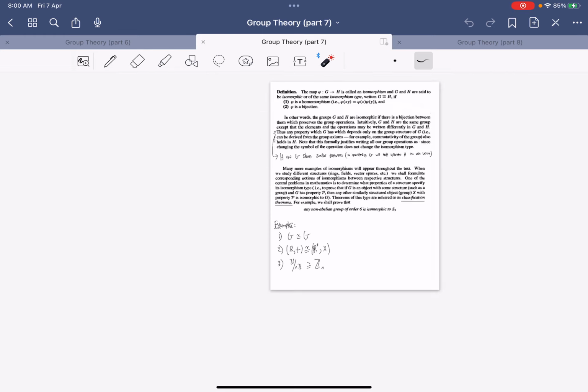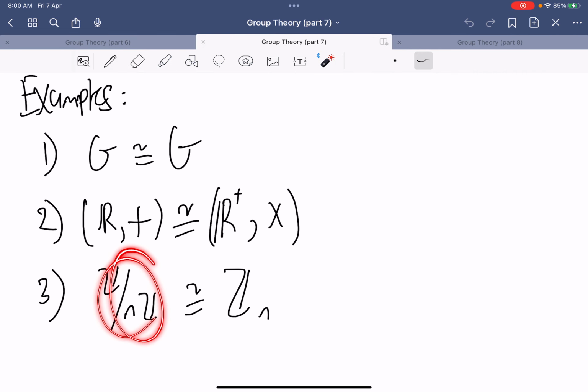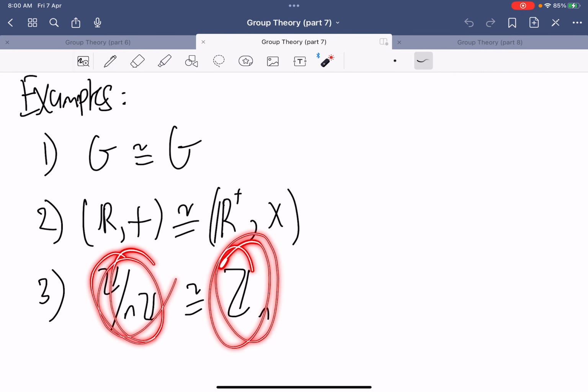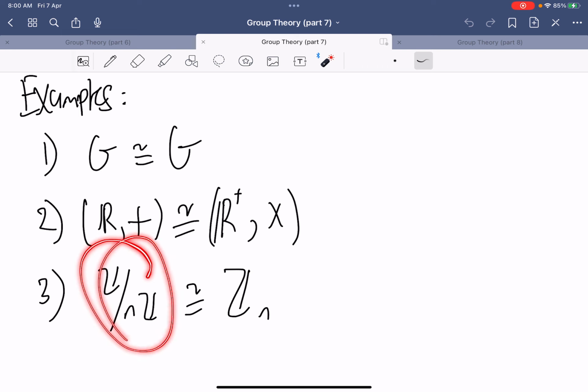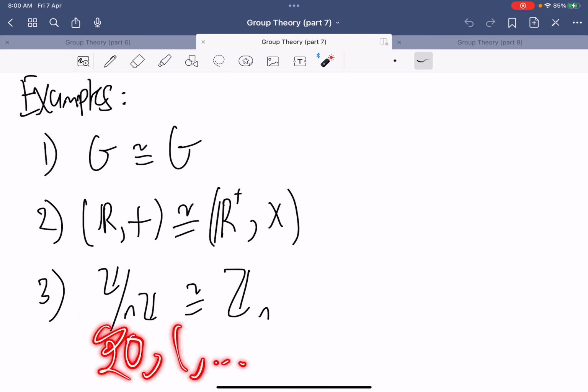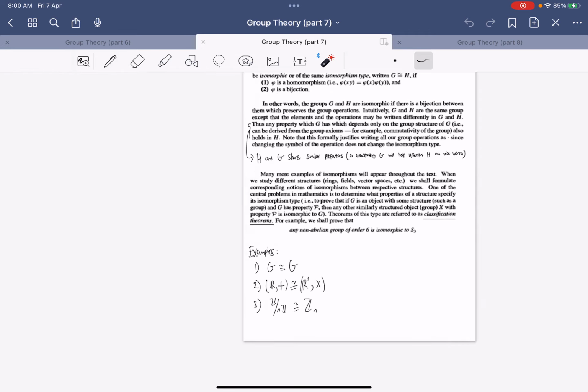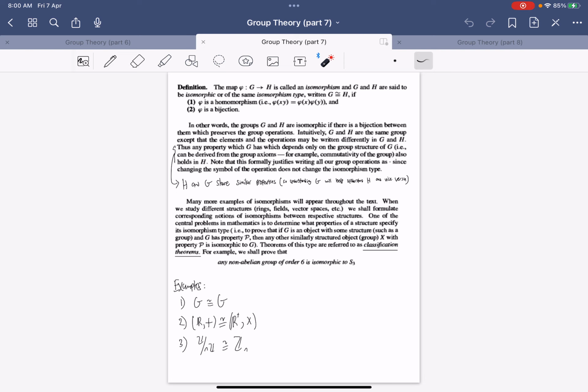And so once we study this group and show it's isomorphic to this, we understand how this quotient group works, and it's basically the set of remainders. You can just think of it as the set of remainders instead of always thinking of it as the set of cosets of nZ.